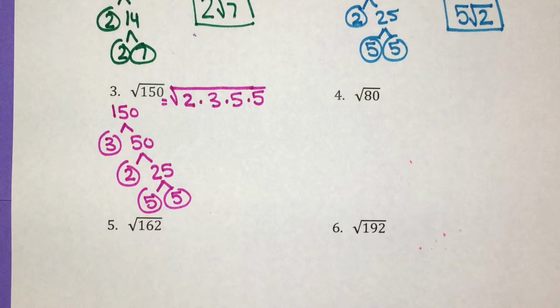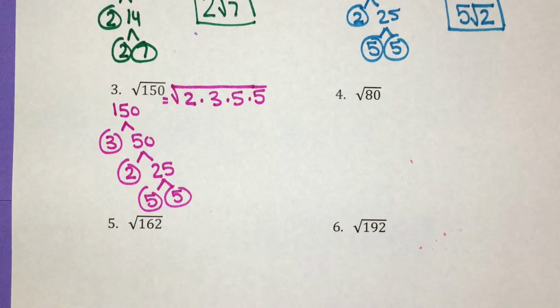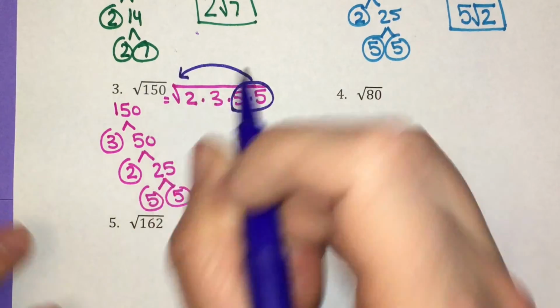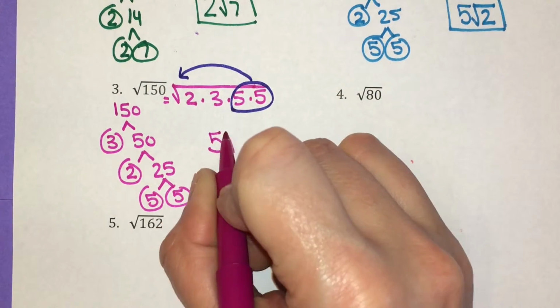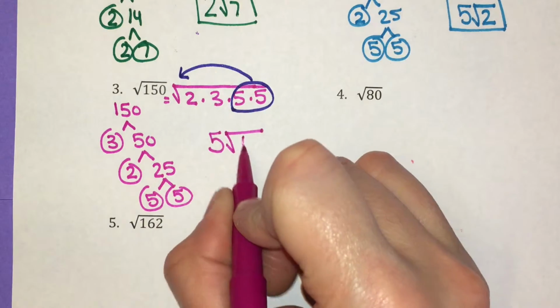I like to put it in order from smallest to largest so that if I do have a number multiplied by itself, they're right next to each other. Right, we have 5 multiplied by itself, so the 5 can come out. So that means we have 5. Underneath the square root sign, we still have the 2 times 3, which is 6.